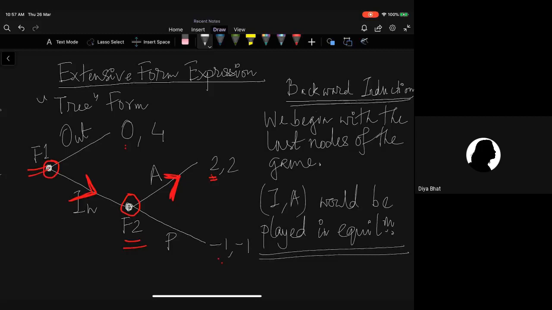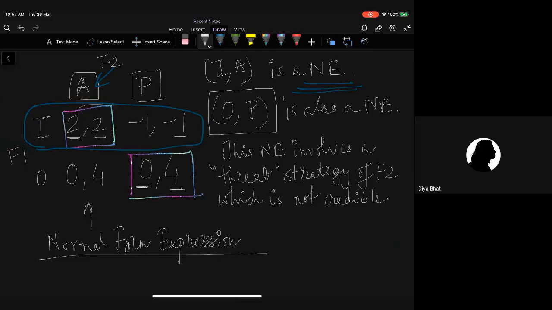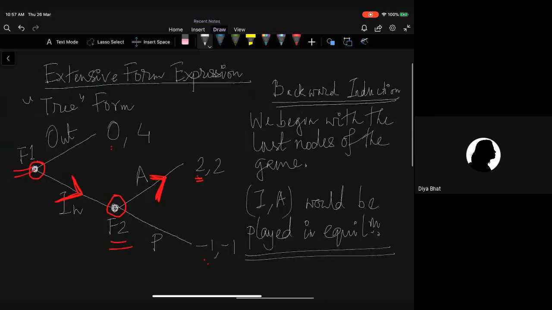Now you can later show that this way of picking the equilibrium play will always pick a Nash equilibrium of the game. We already know IA is a Nash equilibrium, right? From this analysis, we know that IA is a Nash equilibrium which satisfies the backward induction logic. So this is in some sense the right, or more appropriate, Nash equilibrium in the context of sequential move games.